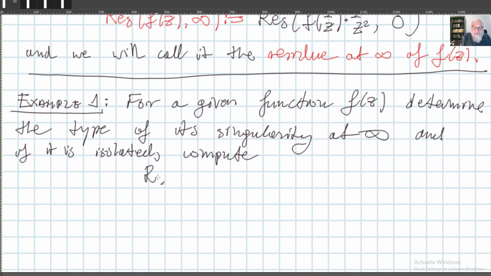So put it like this, residue of f of z at infinity.